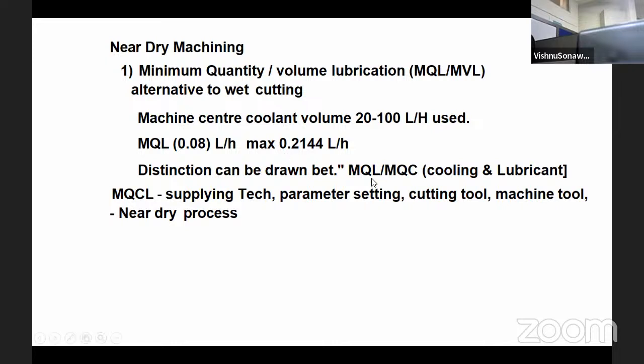This is the minimum quantity lubrication and minimum quantity coolant system. These are again two parameters, MQL and MQC. MQC means minimum quantity coolant system, and MQL is the minimum quantity lubrication system. Cooling and lubrication are two different units.